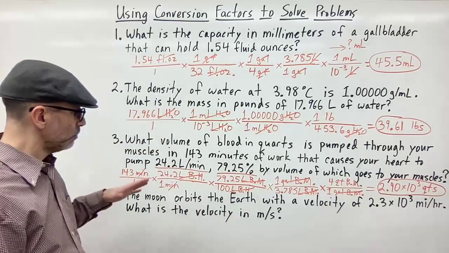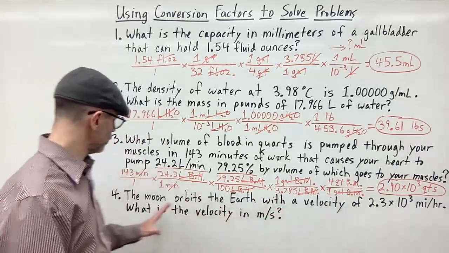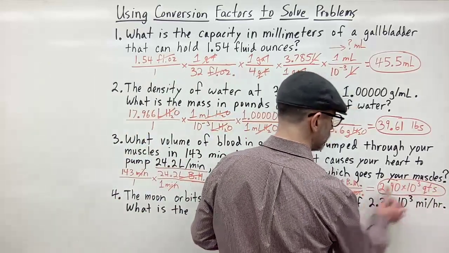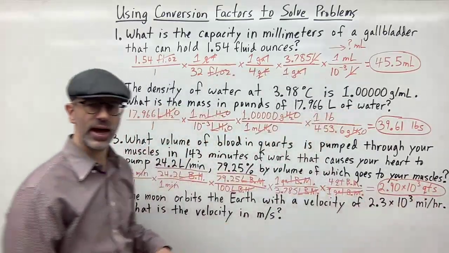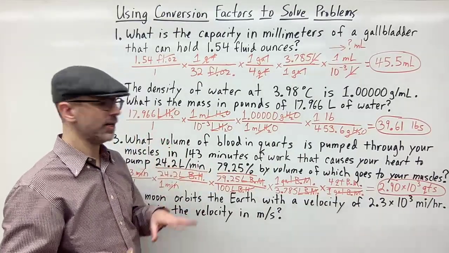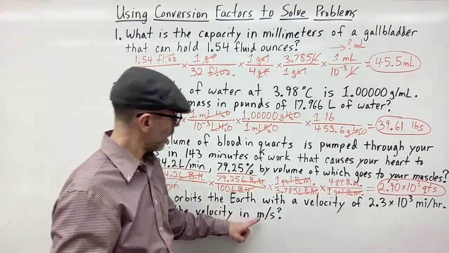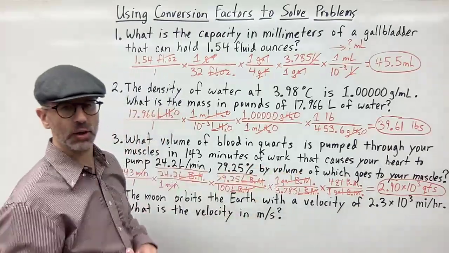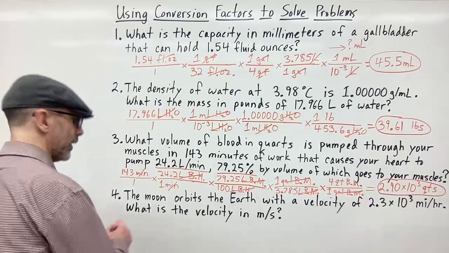So they're not giving us any conversion factors. This is a standalone rate or velocity. So we're going to start with that, and we're going to multiply and divide to get our meters, and to get our seconds from miles an hour. So let's go ahead and do that.